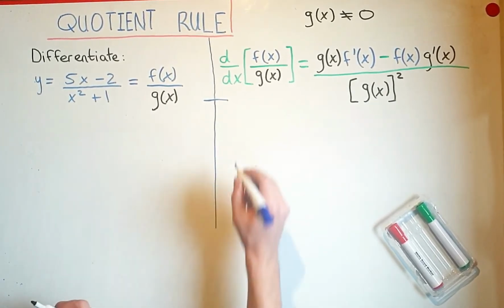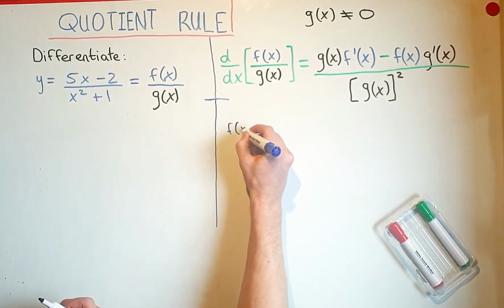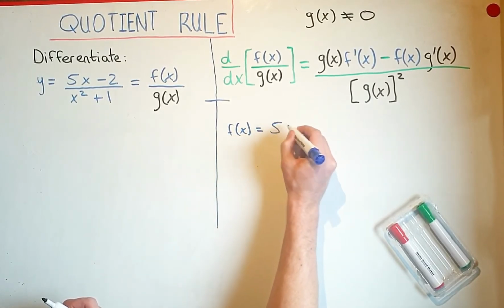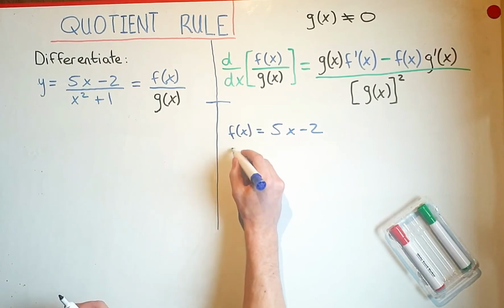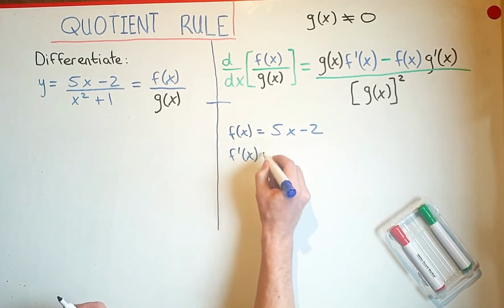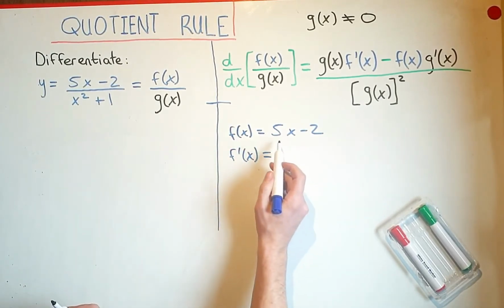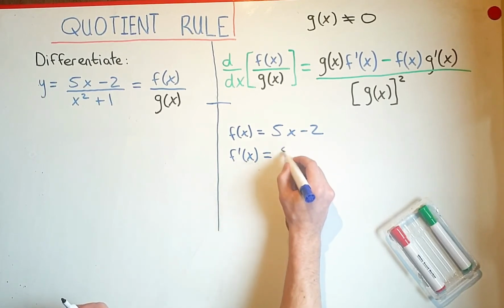So what I mean by that is we of course know that our f of x is equal to 5x minus 2, and then if we want to get our f prime of x, which is just f of x differentiated, we know that this expression differentiated is just a 5.